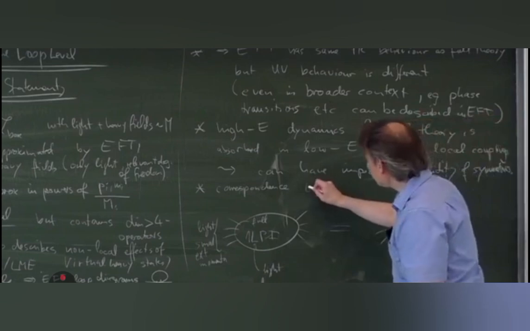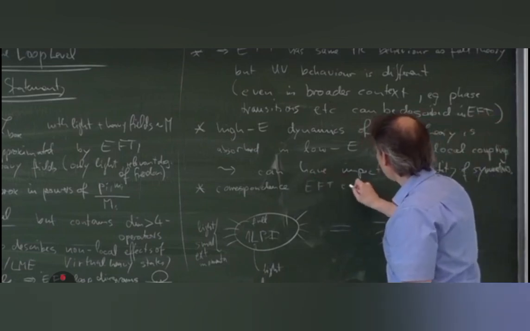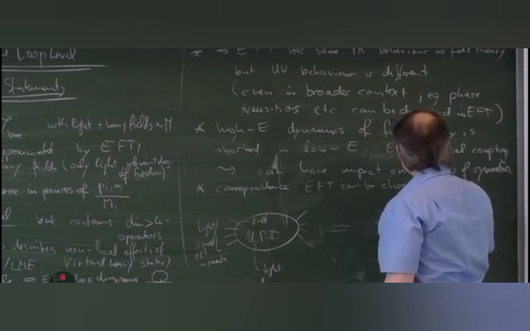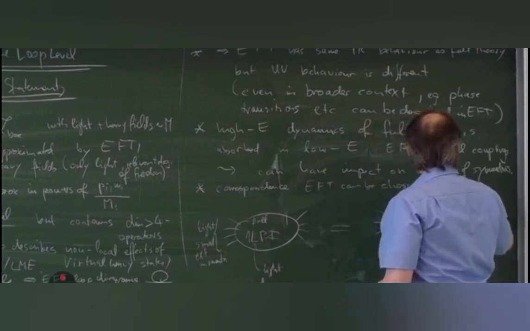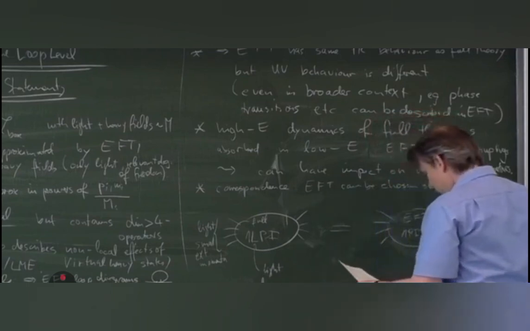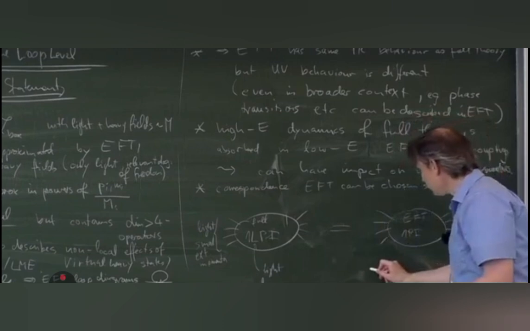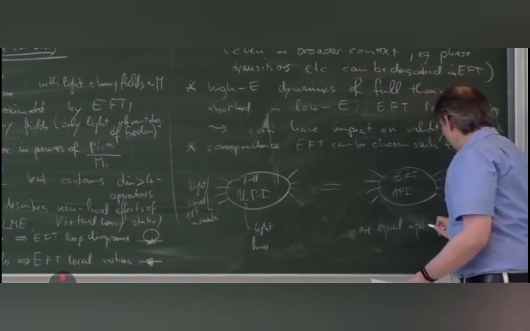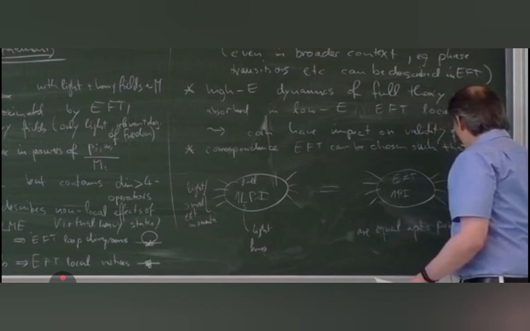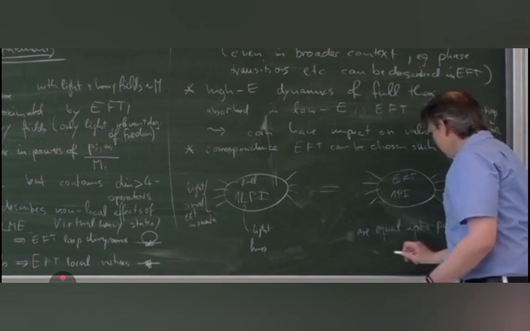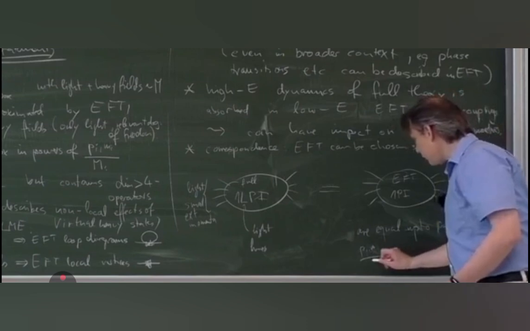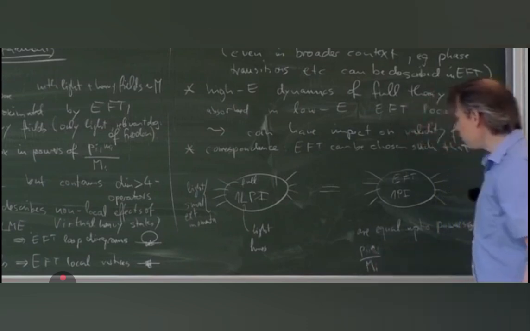So the EFT can be chosen such that these are equal up to powers of the suppression scale, p_i or m_i divided by the capital M_i.